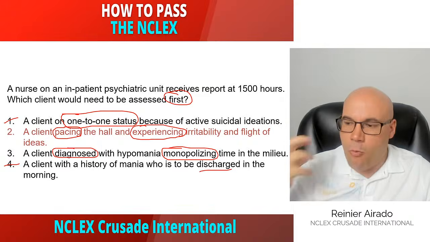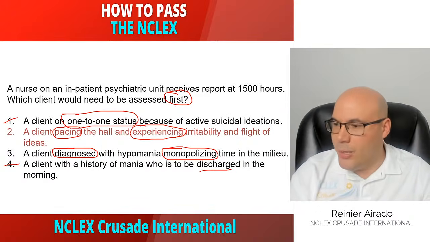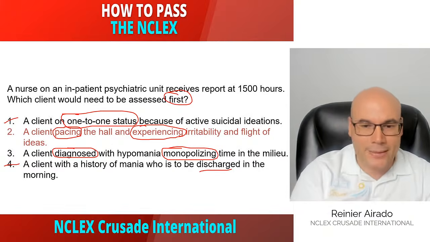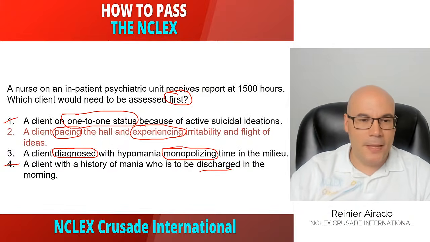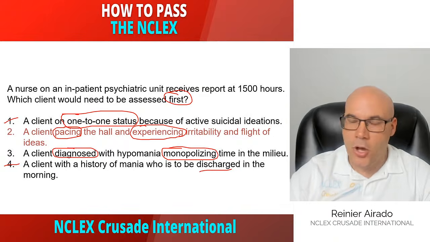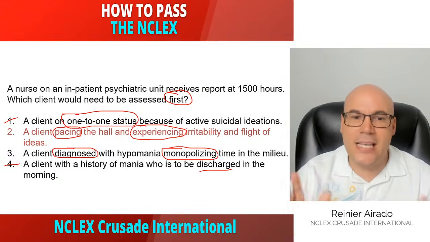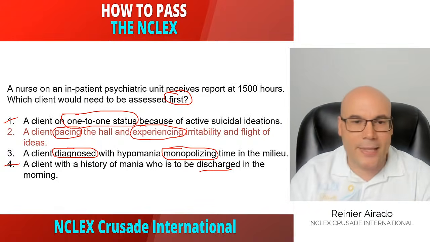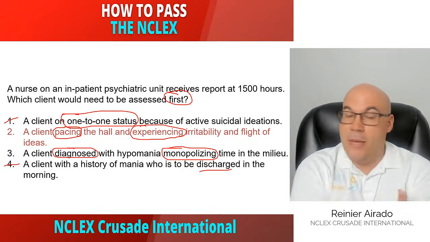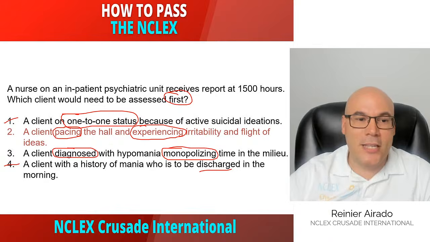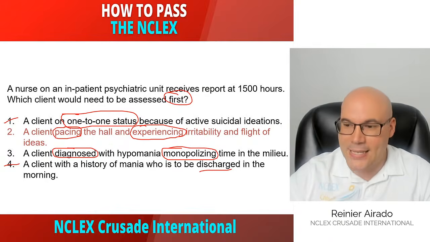Monopolizing time. What is the relationship between hypomania and monopolizing time? It is expected in that condition. And notice in answer number 2, there is no medical diagnosis. I cannot identify if this is expected or not expected in a certain condition because I don't have a condition. That is the patient that we need to assess first.